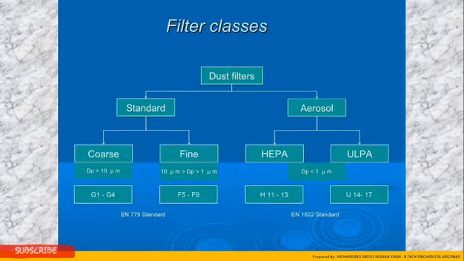These are the filter classes which are defined and is required as per the requirement. So depending on the various system and the functions and the types of project, different types of filter classifications is required, and among which this needs to be considered depending upon the specification of the project.